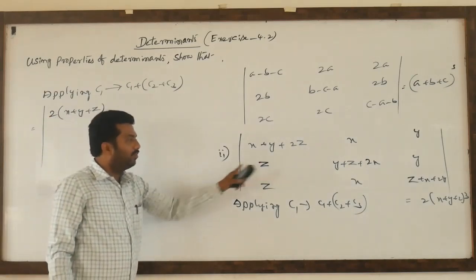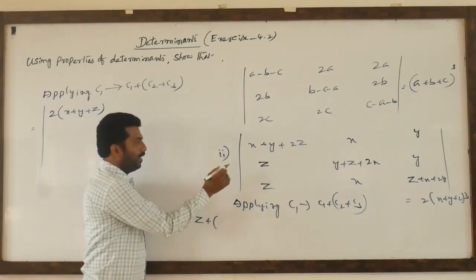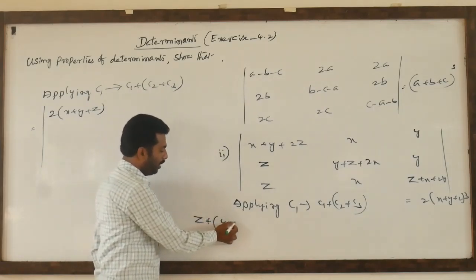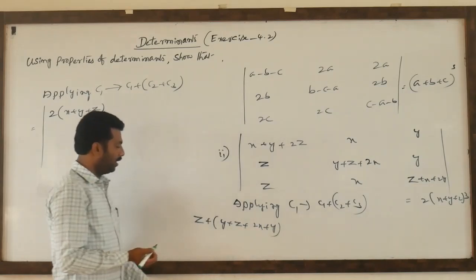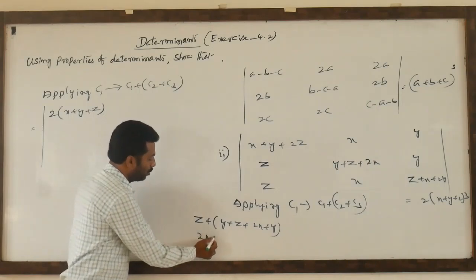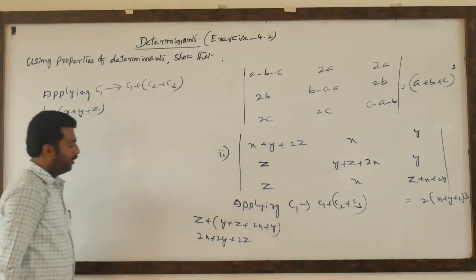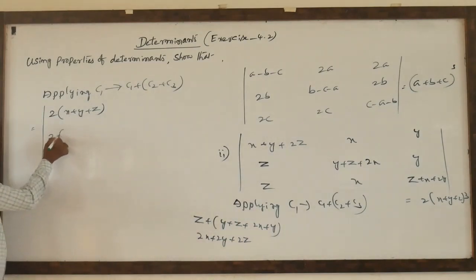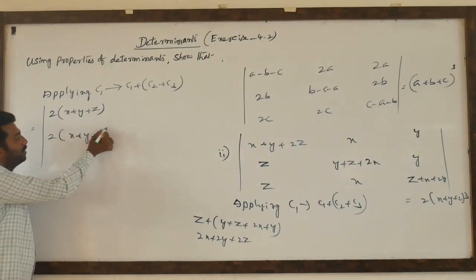Then the second element. What is the second element? C1 means z, C2 plus C3, y plus z plus 2x plus y. See here, y plus y means 2y, and 2x is already there, so 2x plus 2y plus 2z. If I take 2 common, it is 2 into x plus y plus z.